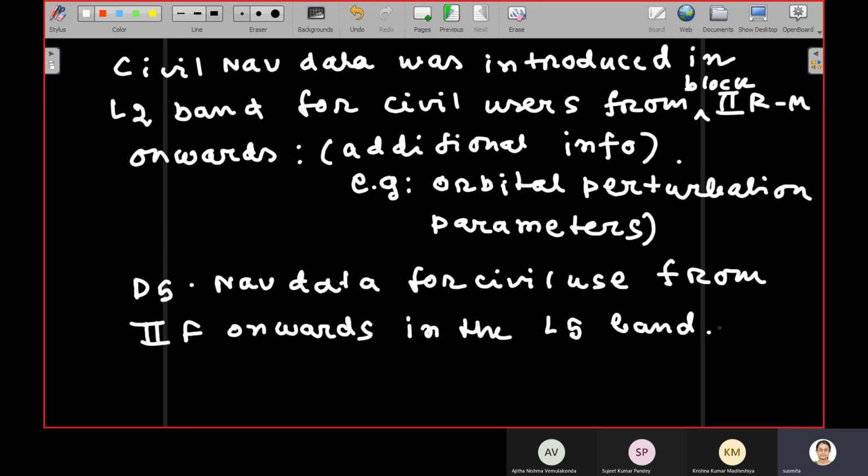Now the problem is that aeronautical users cannot use the L2 band because the L2 band is used for other purposes, other navigation aids for aeronautical users. So just for the aeronautical users primarily, they introduced the L5 band. But other civilian users can also take help of the L5 band. Okay? So L2 band cannot be accessed by all civilian users.